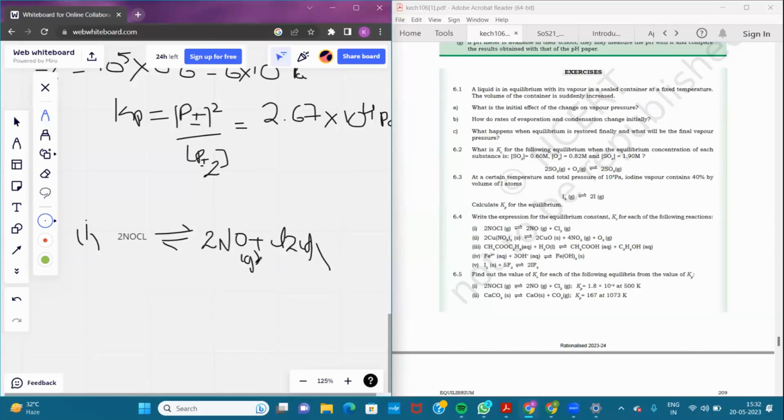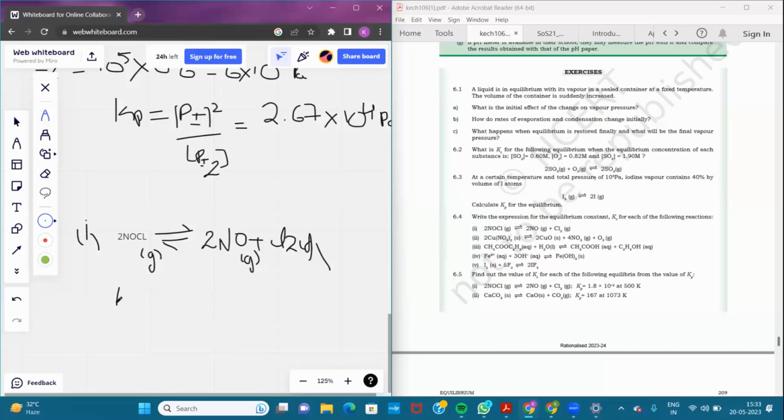If either reactant or product is a pure liquid or solid, we will not include that concentration in the equilibrium constant expression, because the molar concentration of a pure liquid or pure solid does not depend upon the amount present in the reaction. It is always fixed, so we will not include that in the equilibrium constant.